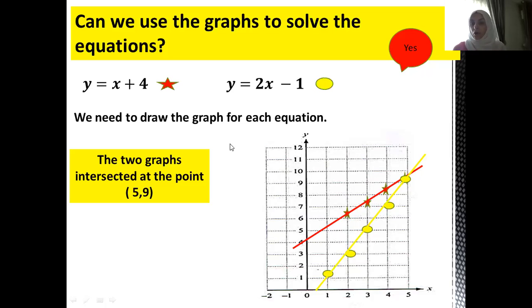The intersecting point shows the value of x and the value of y. So x equals 5 and y equals 9. So simultaneous equations can be solved algebraically and can be solved using the graph, by finding the intersecting point.